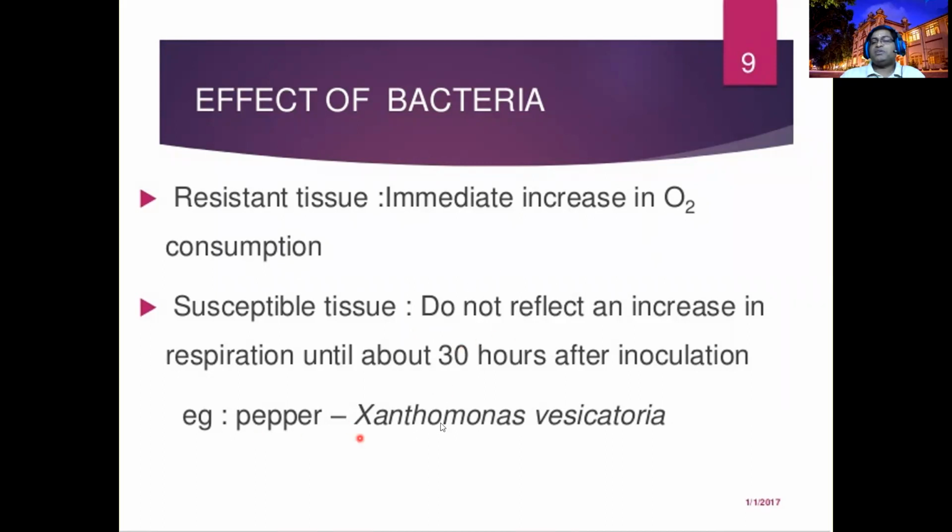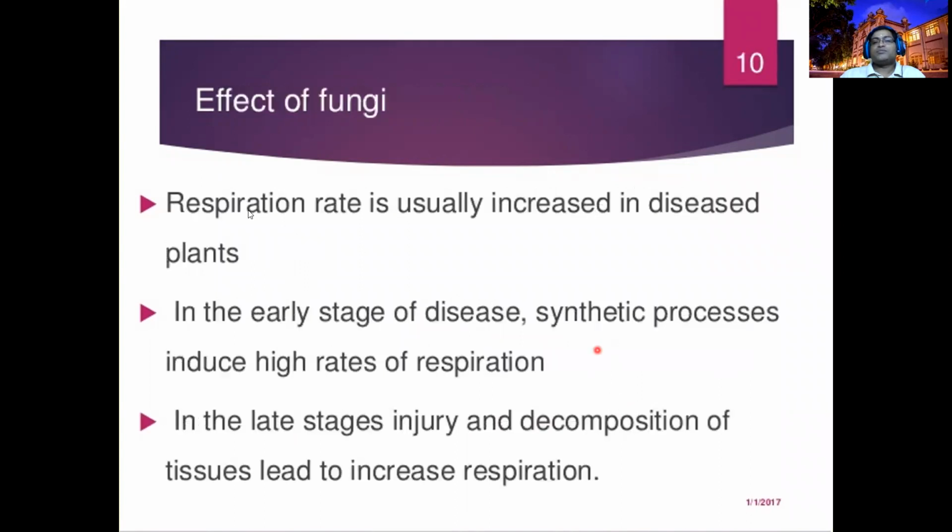For example, in pepper with Xanthomonas vesicatoria, the Xanthomonas causes leaf blights, right? It's a bacterial blight. And with some of the fungi, respiration is increased in the diseased plant, and it's normal respiration in the non-diseased plants.